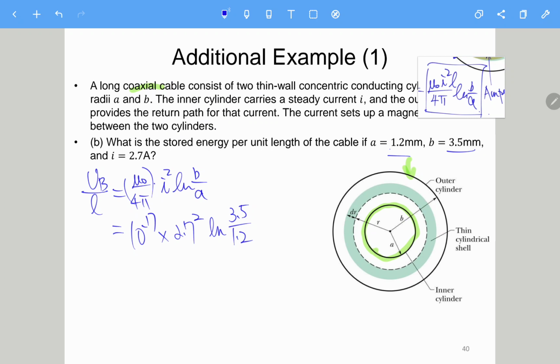Both are in millimeters, so they will cancel. And then finally, this number will be 7.8 times 10 to the negative 7 joule per meter. Because the SI unit for energy is joule and the SI unit for length is meter, the SI unit will be joule per meter. Okay, so this is the answer.